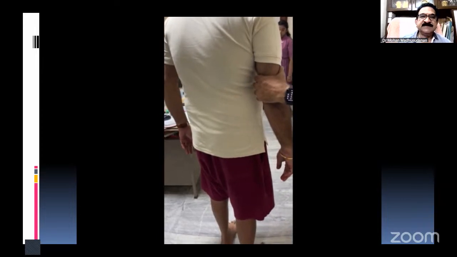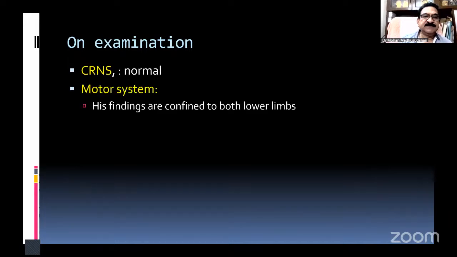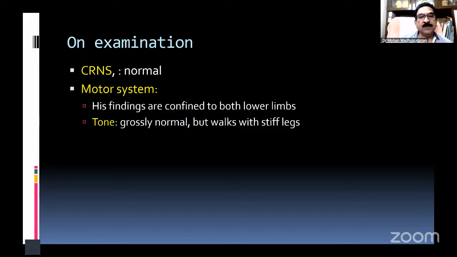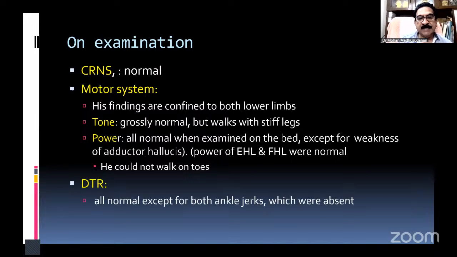Okay, I'll summarize the findings. Cranial normal, motor system, his problem is confined to both the lower limbs. Bulk grossly normal, but walks with stiff legs, which I have already shown. Power all normal when examined in the bed, except for weakness of adductor hallucis. Power of EHL, FHL were all normal. He could not walk on toes. DTR all normal except for both ankle jerks, which were absent.